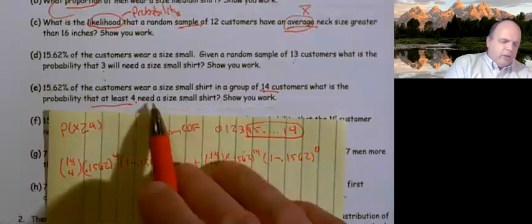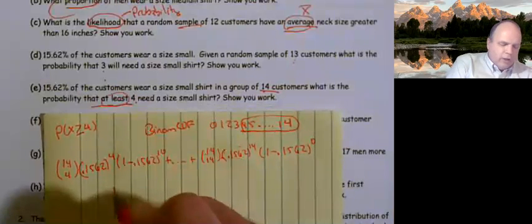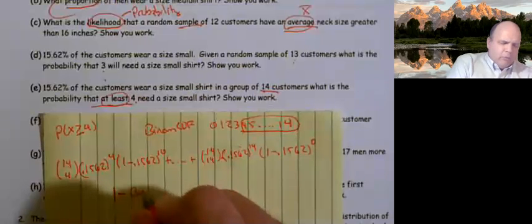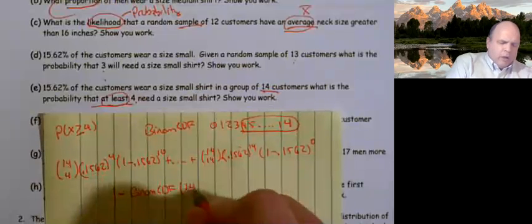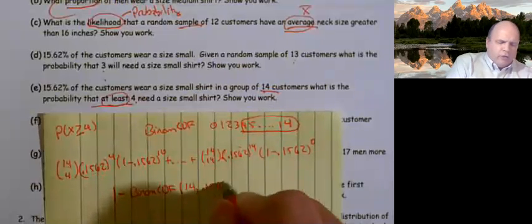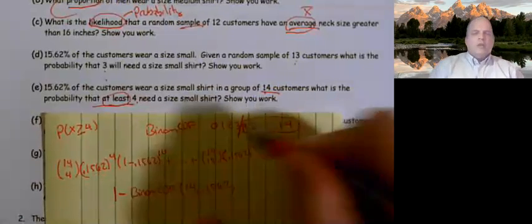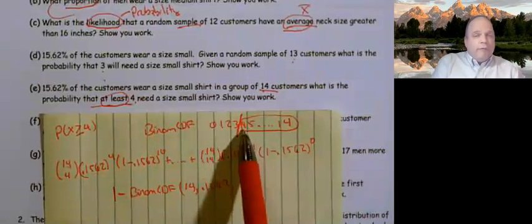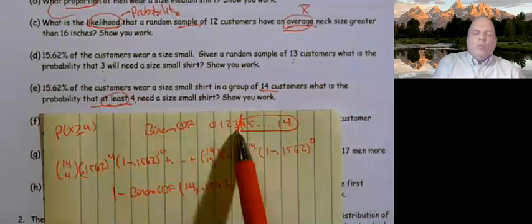Now, they gave us the phrase at least, and by now you should shudder and go into a spasm when you see at least. But you know it's a 1 minus the binomial CDF. Trials is 14, probability is 0.1562. Now we have to be really careful. We take away what we don't want, and we want 4, we want 5, all the way to 14. So we take away the highest thing we don't want, which is 3.